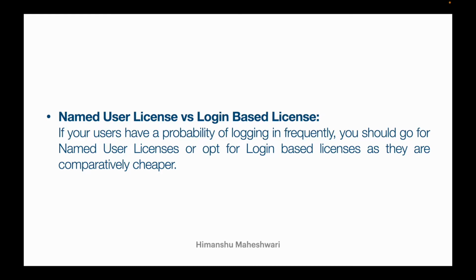Maybe he just has a task to just come on the first day of the month, pull out a report and just leave, right? Or maybe you have someone who's working day in and day out and setting up data in the community cloud, and they are logging in on a daily basis very frequently, right? So based on the kind of logins that happen, you can also bifurcate and choose a license for your customer type or your end user type, right?